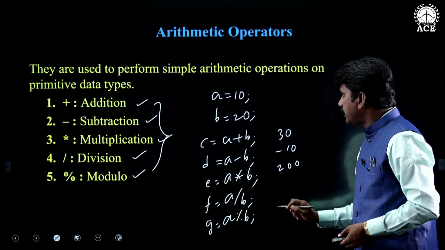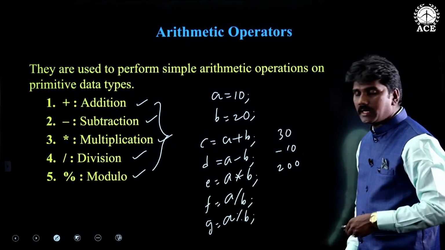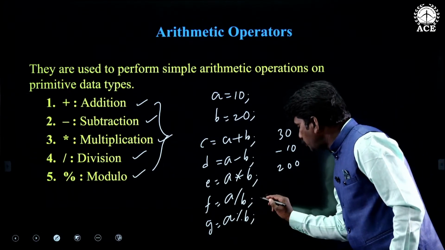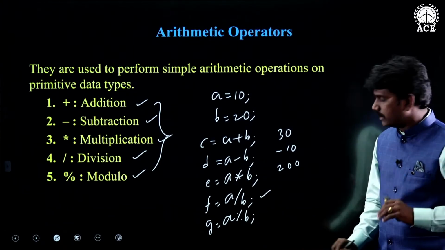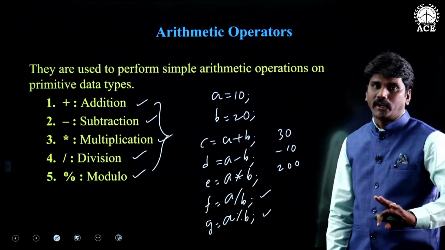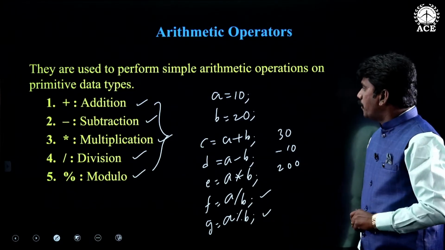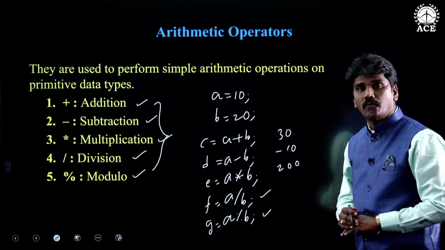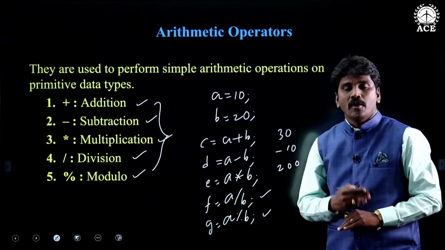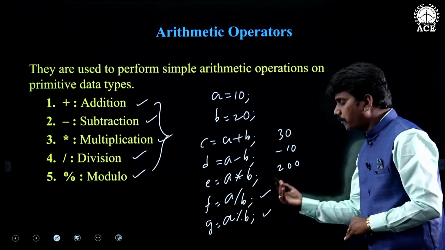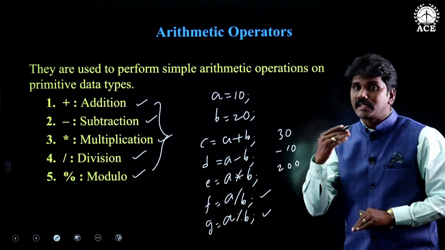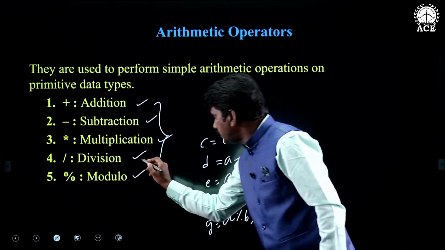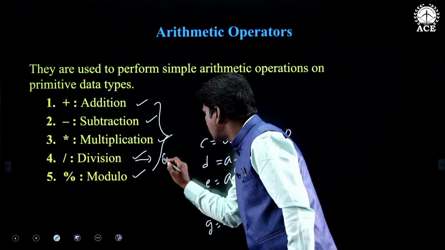Like this, for 10 by 20, I would like to tell you one important point: whenever we perform division and modulus, we have to know some points very clearly. If we perform division, the result is the quotient.